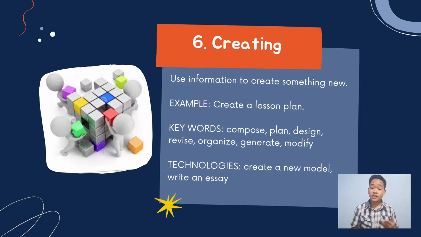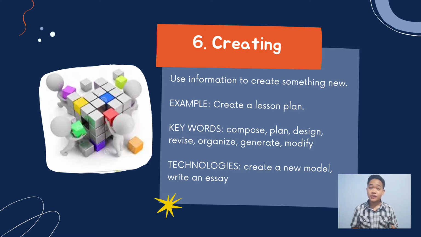So other keywords to be used here on creating: compose, plan, design, revise, organize, generate, modify. And the technologies that we can use are create a new model, write an essay.